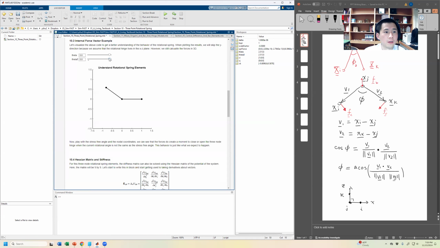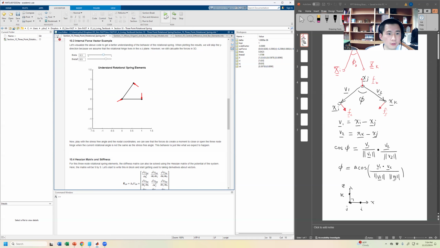And if my theta naught is smaller than that, then these forces will be generated trying to close up this angle from 0.8 pi to 0.5 pi, right? So this is what's happening here. So let's say if I now fold to a right angle, come on, generate something.